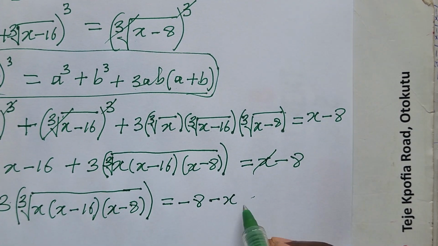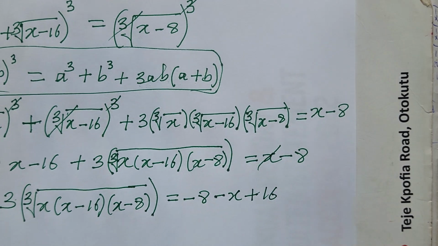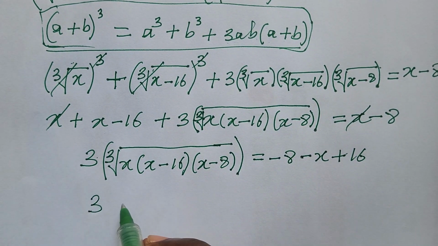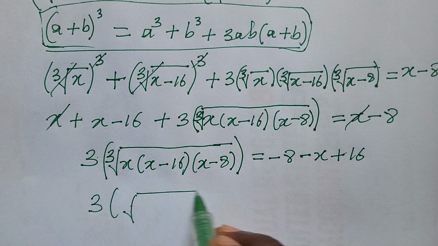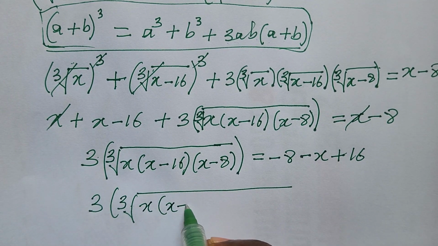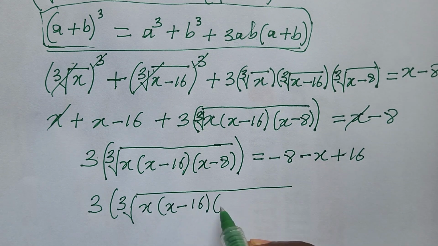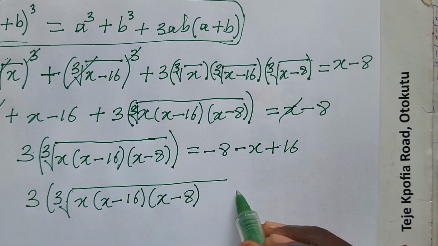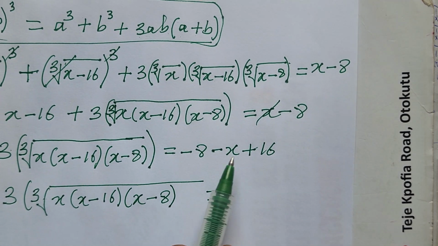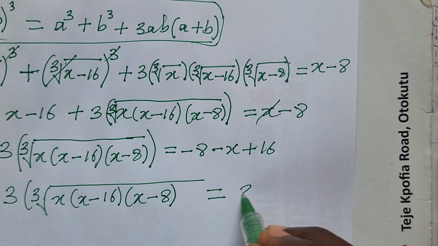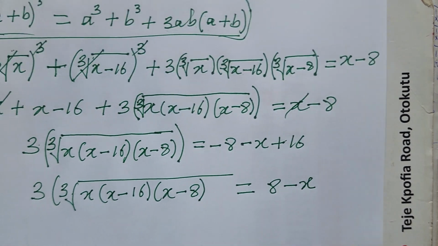This comes to this side, turns to plus 16. Okay, so again, we're going to have 3 into the cube root of x into x minus 16, bracket x minus 8, bracket, equal to this plus this, which will give us positive 8 minus x.